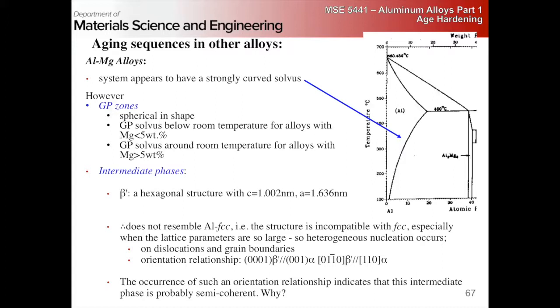And the shape of the GP zones was driven completely by the elastic anisotropy, right? So the platelet shape developed to minimize the strain energy of the particle, right? So if we have solute elements where the lattice parameter is much closer, the strain field around them is much lower, and so we can have spherical particles, right?